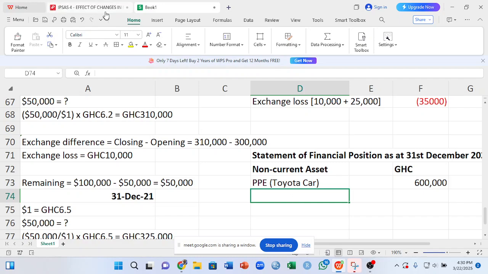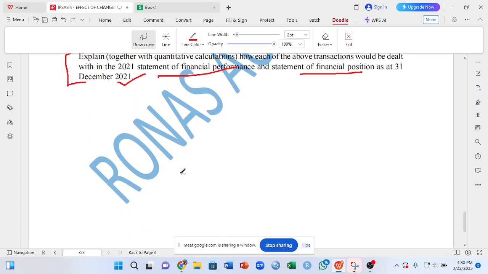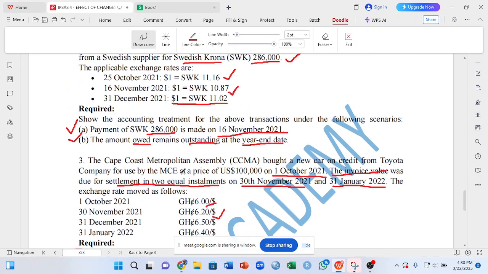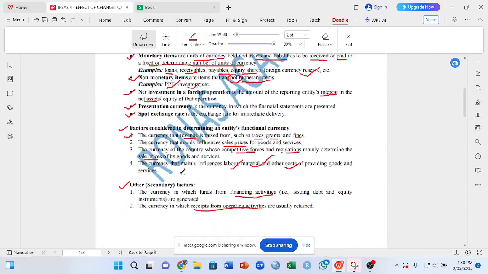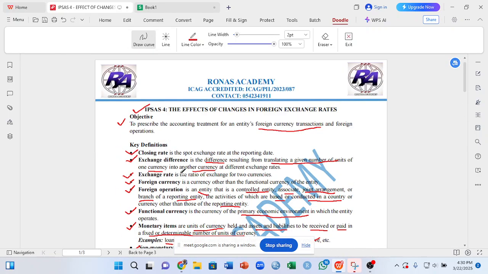So this was just the final aspect, the final question we had. That means that we are done for today. This is basically an overview of IPSAS 4. So we are done with the standard. Maybe I'll open the platform if you have any question for me.